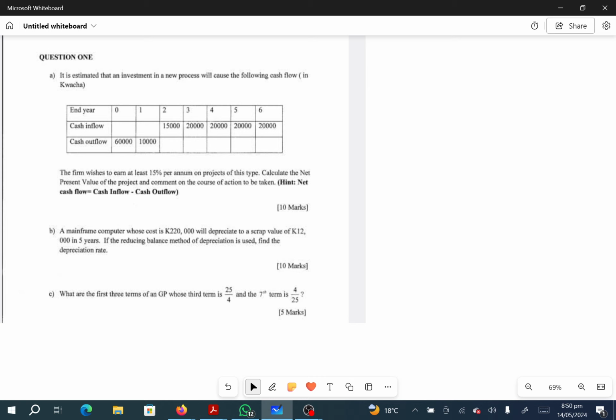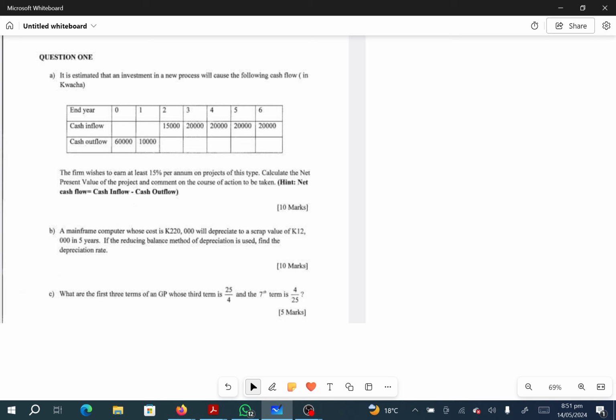So we have been given the initial cost, then we have been given the scrap value in 5 years. If the reducing balance method of depreciation is used, find the depreciation rate. So in here, they're asking us to calculate the depreciation rate.